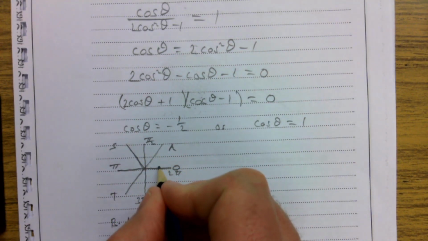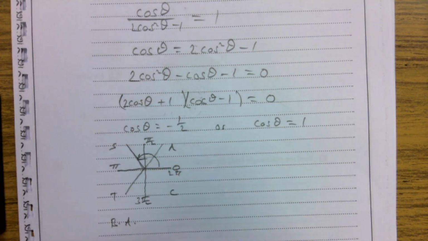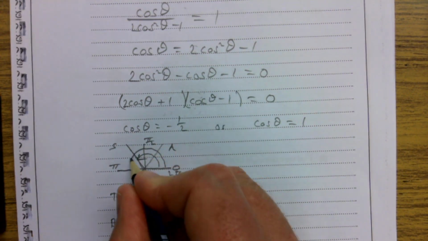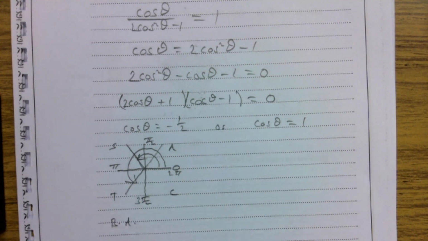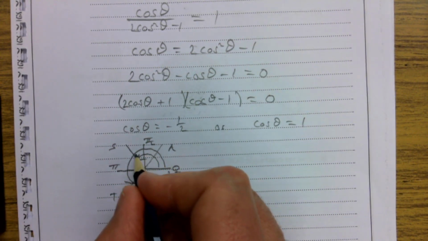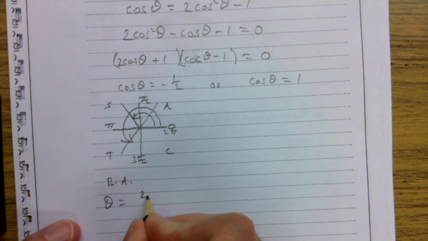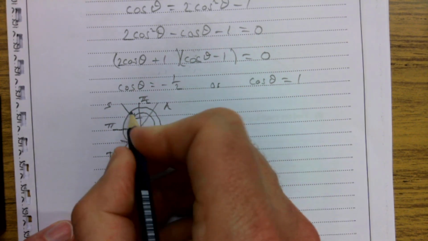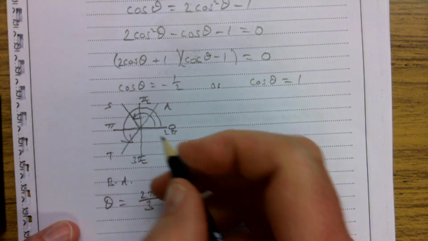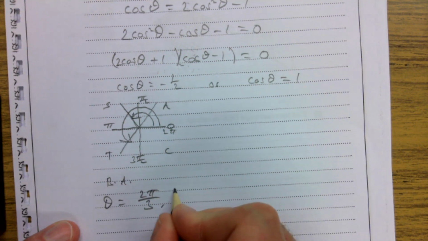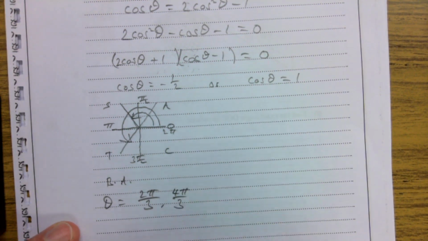So actually the two I'm looking for are this here and this here. So that's pi over 3. That one is going to be 2 pi over 3. And then another 120 degrees, or another 2 pi over 3 from there is going to give me 4 pi over 3.